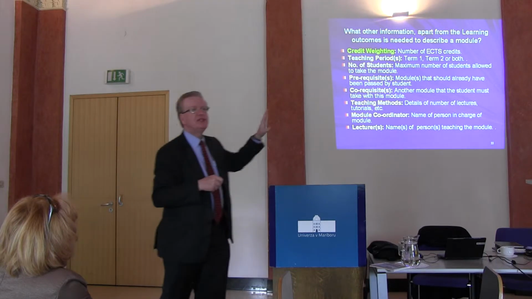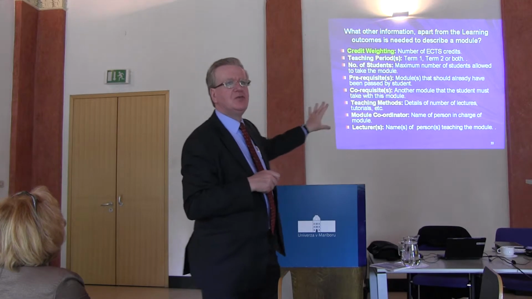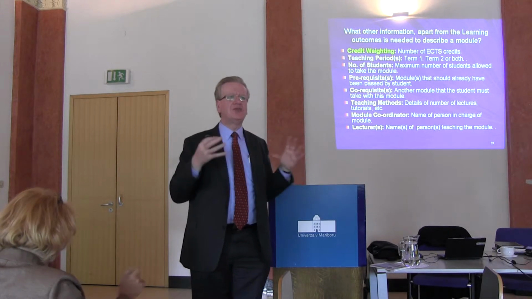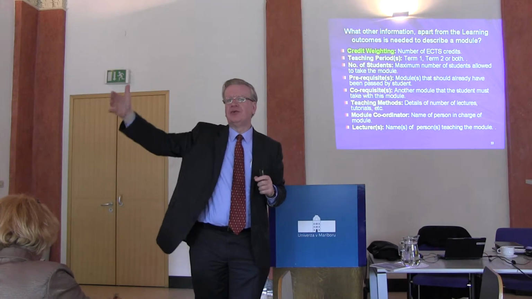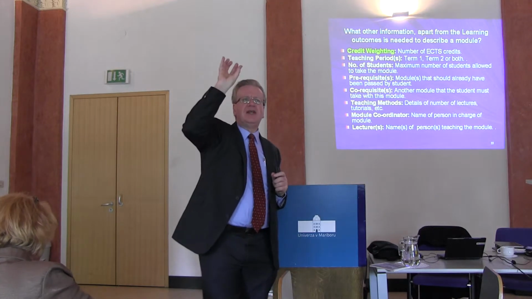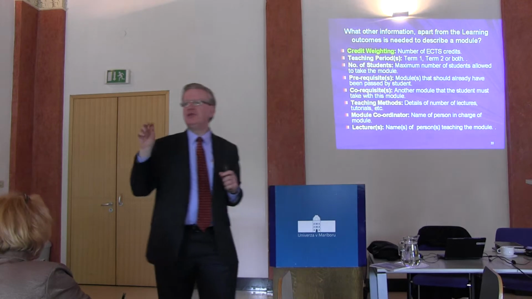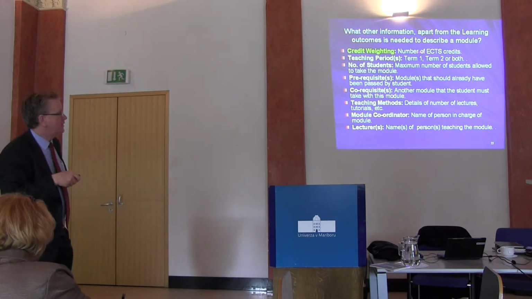Now, when you're describing a module at university, this is the system we use. Before a student starts the course, they know they're going to be on this course for the next 4 or 5 years. They have to get detailed information about every module. That involves ECTS credits, periods, number of students.